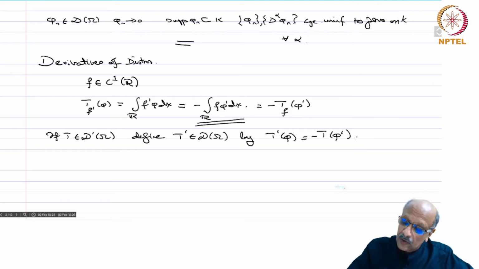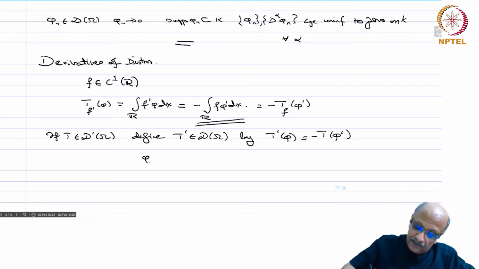Why is this a distribution? Well, it is linear, it is well defined because phi dash is also a C infinity function with compact support, and if phi n goes to 0 in D(omega), then all the derived sequences also go to 0, and therefore T of phi n dash will go to 0.